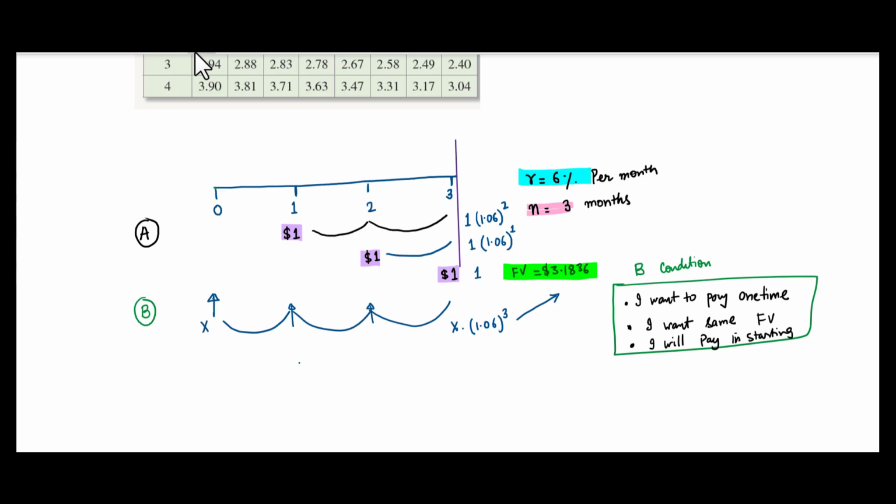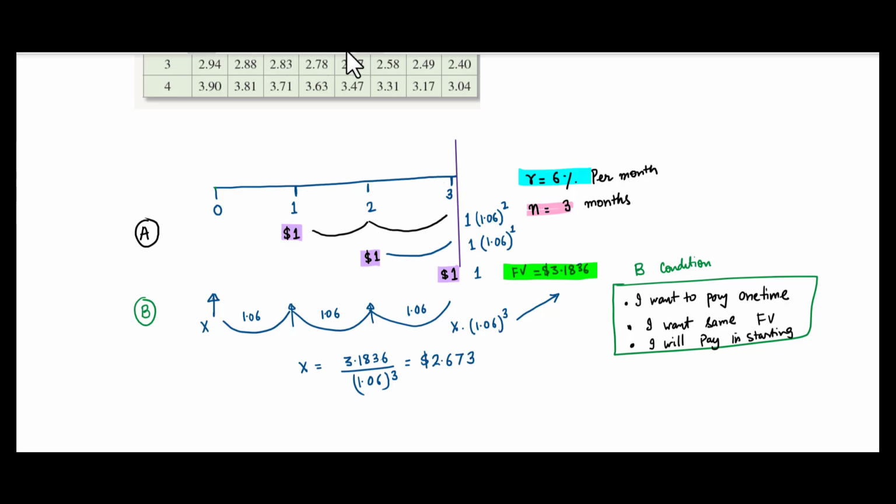If you calculate X here, it will be 3.1836 divided by 1.06 whole cube. If you calculate this value, it will come as $2.673.